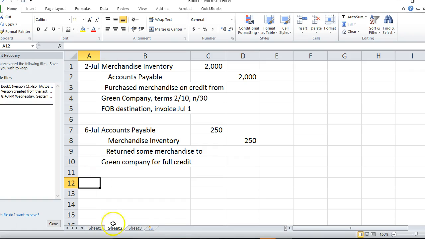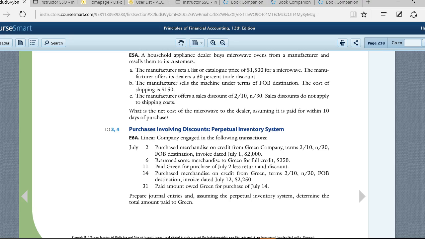Okay, next one. Paid Green for purchase of July 2nd, less return and discount. So what they're telling us is on July 2nd, we paid Green for the purchase, less what we returned, and we took advantage of the discount because we paid for it within 10 days, didn't we?